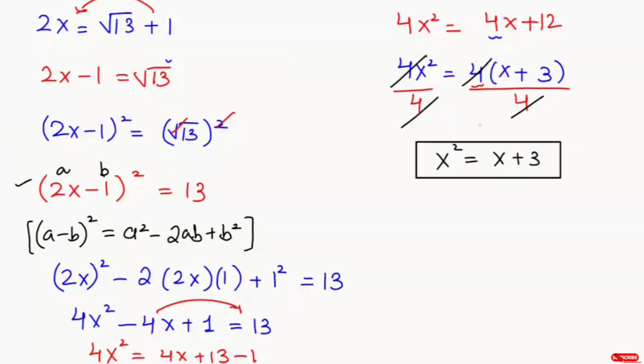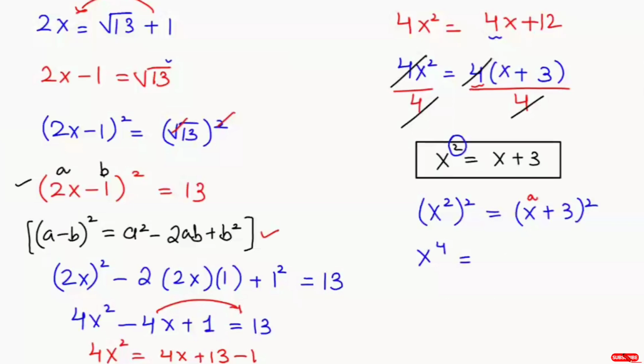To make this power 7, from here I will square both sides. (x plus 3) to the power of 2, and this will be x to the power of 4. Here we're going to apply the same algebraic identity, but for the positive sign.